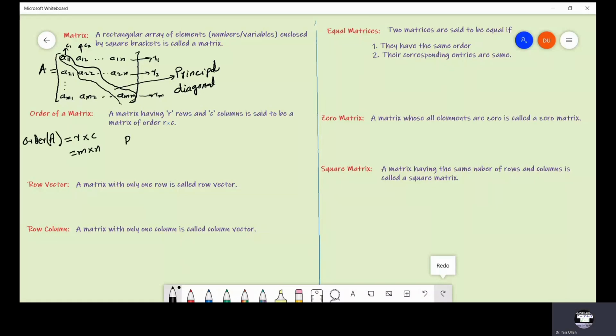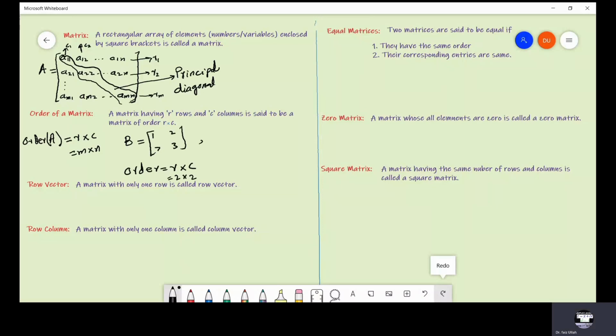Let us say there is a matrix B, 1, 2, 7, 3. Now we can see the order of this matrix is rows into columns, and there are 2 rows and 2 columns. So the order of this matrix B is 2 cross 2.